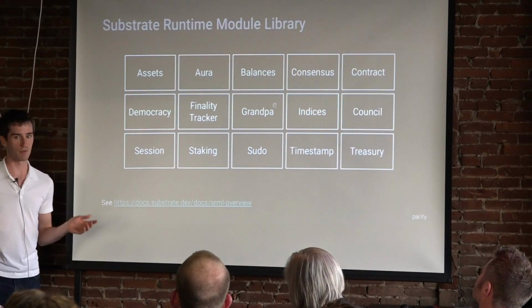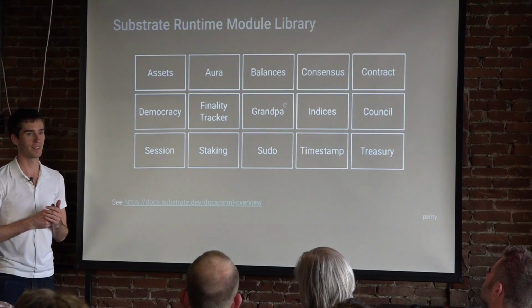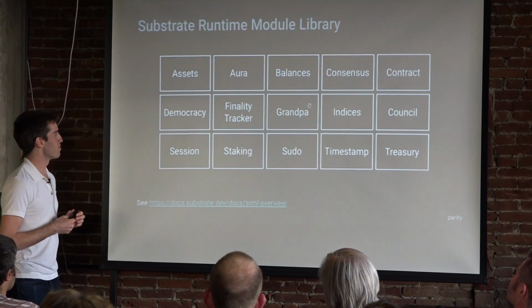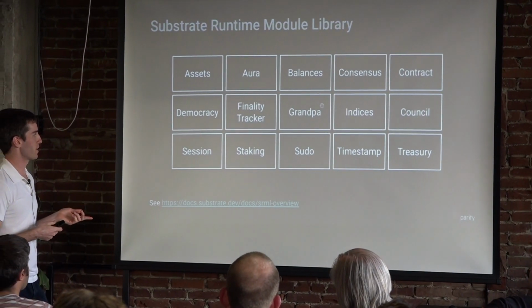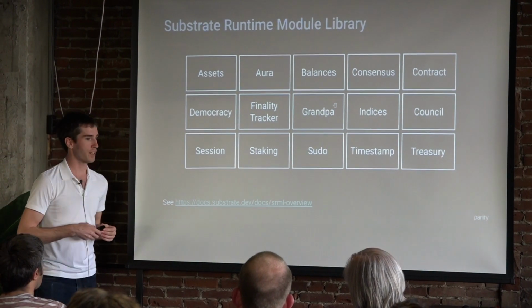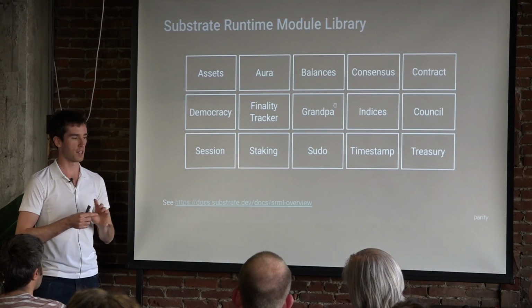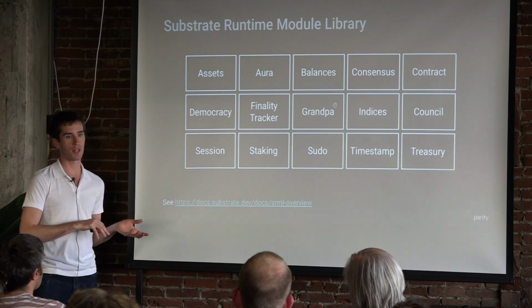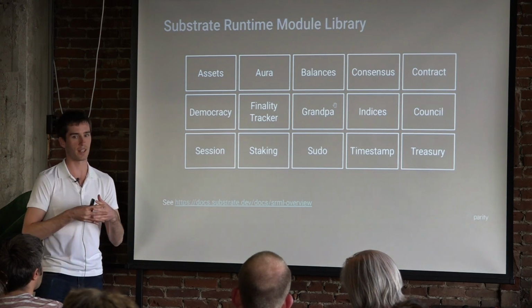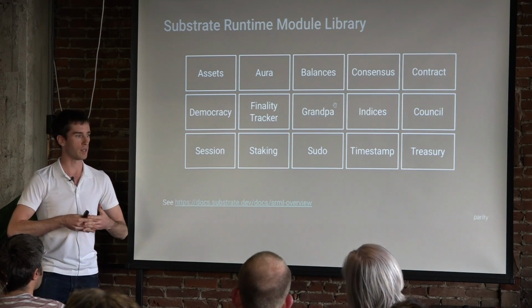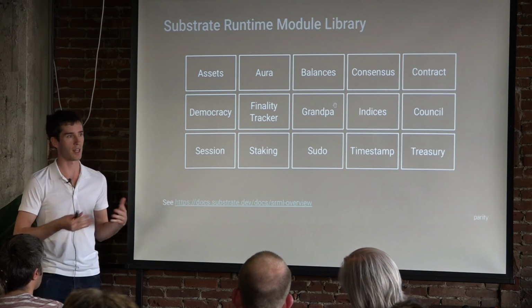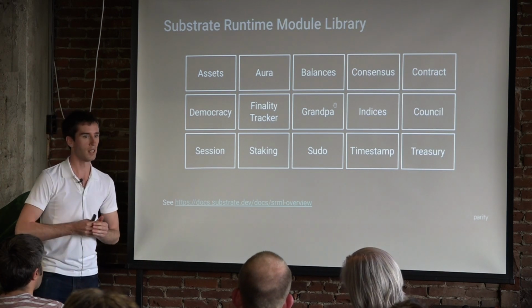And then here we can go into some of these modules. If you want anything in particular, like Grandpa, okay. Grandpa is our finality gadget. What we did here is we separated finality from block production. In proof of work, these are kind of integrated. But in proof of stake, how do you decide who can even author a block? That's kind of a big thing.